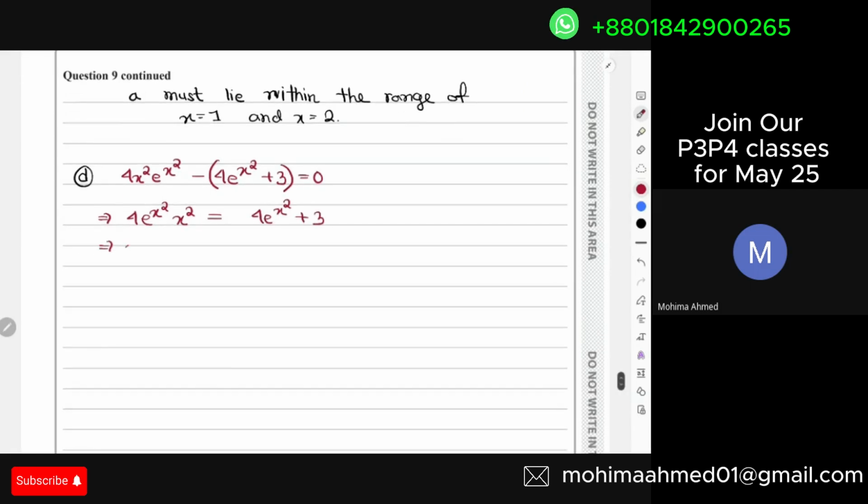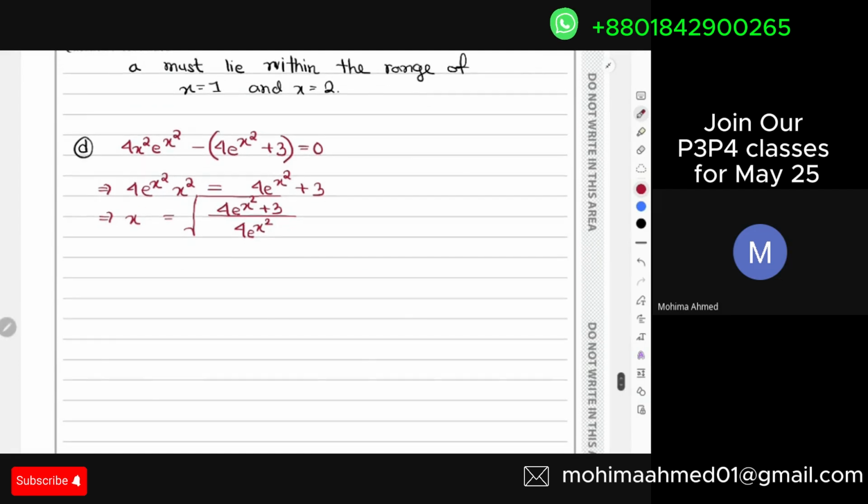And now you're going to divide by 4e^(x squared). So x squared equals (4e^(x squared) plus 3) divided by 4e^(x squared), and everything will be under the square root because of this square. When you break down the square, it will be either positive or negative.